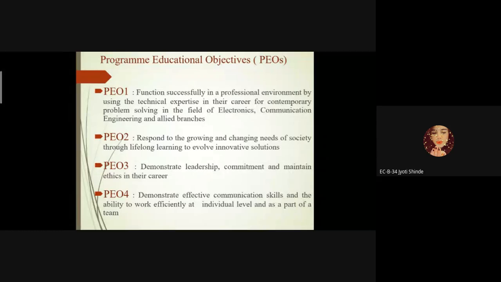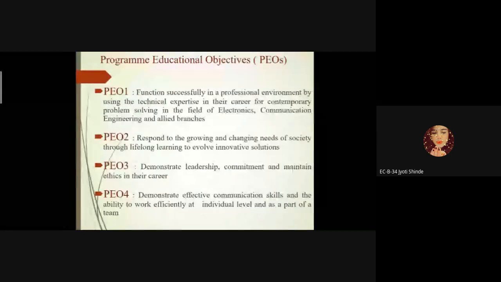We can study the various types of program educational objectives and program outcomes. Have you any idea why we study these at the start of every subject? What is the need to study these objectives and outcomes?